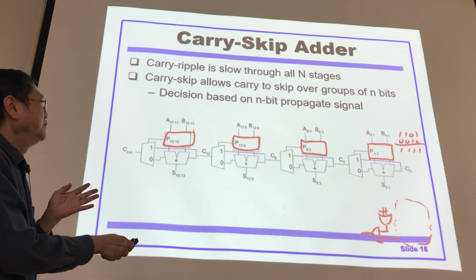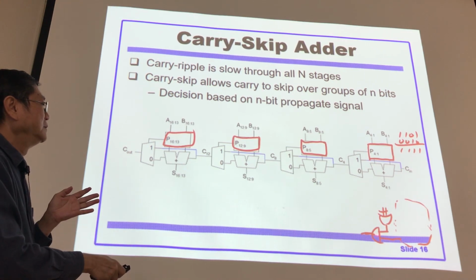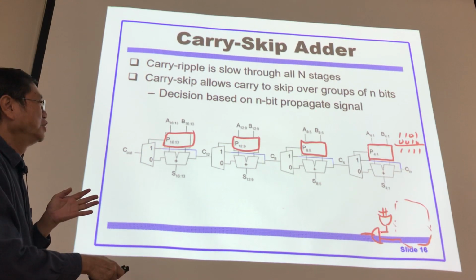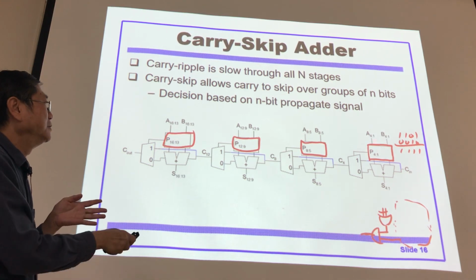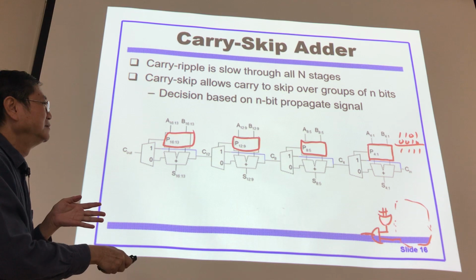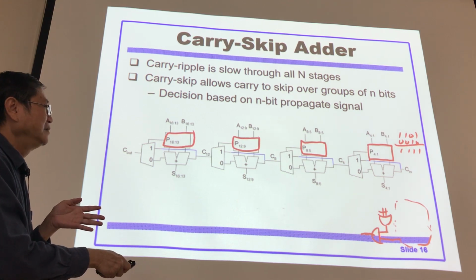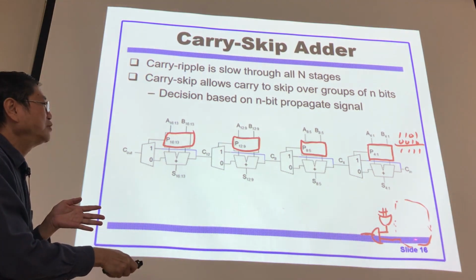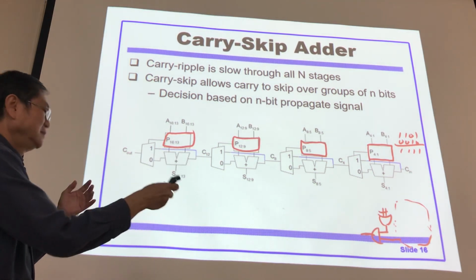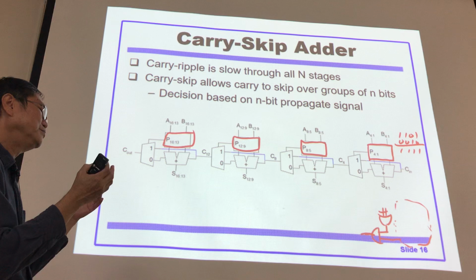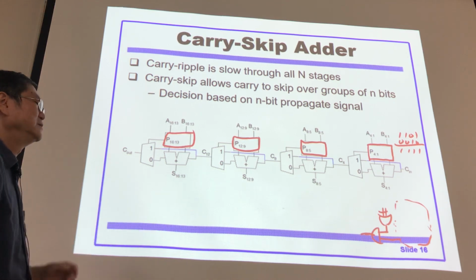For P4 to 1, you have carry propagate. Must be this bit position 1, 0, or 0, 1. And the following, the three-bit group on the right-hand side gets a group carry propagate for the three-bit group.